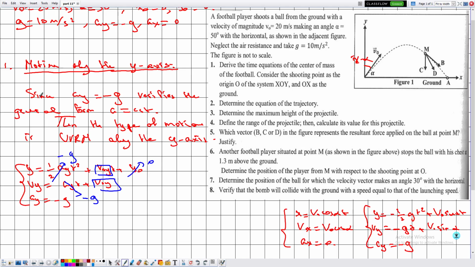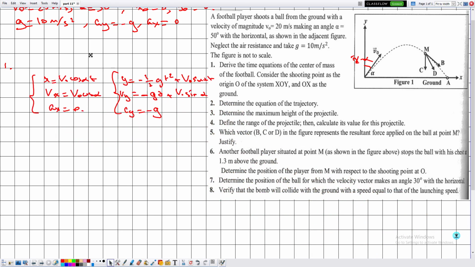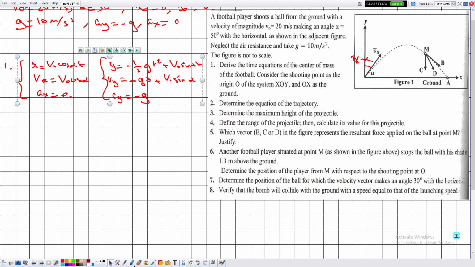So it's a good habit whenever we are deriving these equations not to replace any values and to keep them in the form of an unknown. Later on we will replace values.